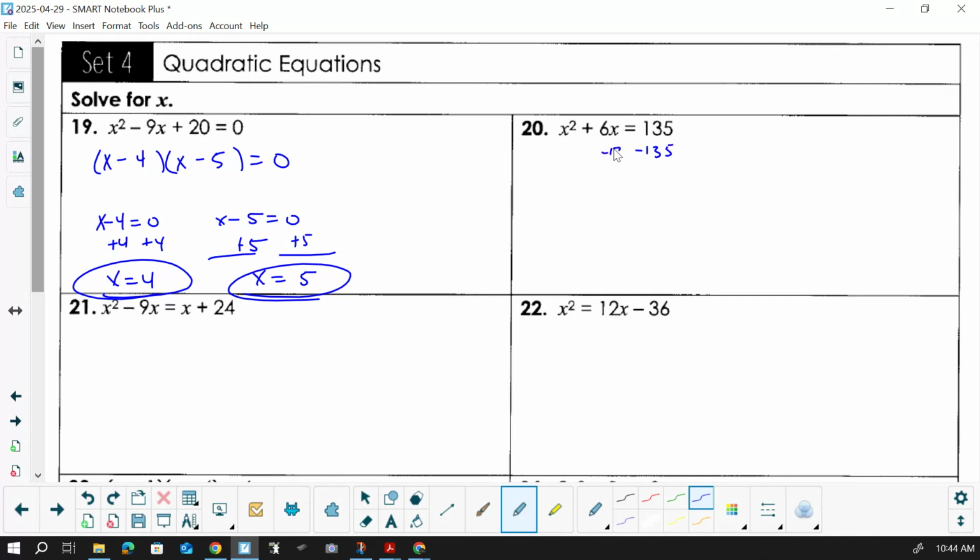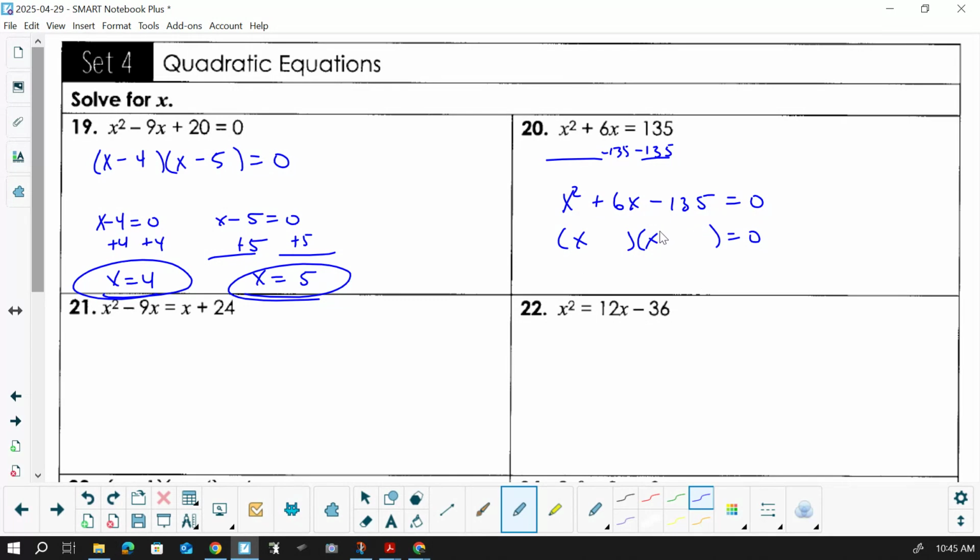from both sides. And you're going to get x squared plus 6x minus 135 equals 0. And then you're going to factor it. So x and x. To get 135, let's see here. Now you could try on your own first, see what numbers can multiply to 135.